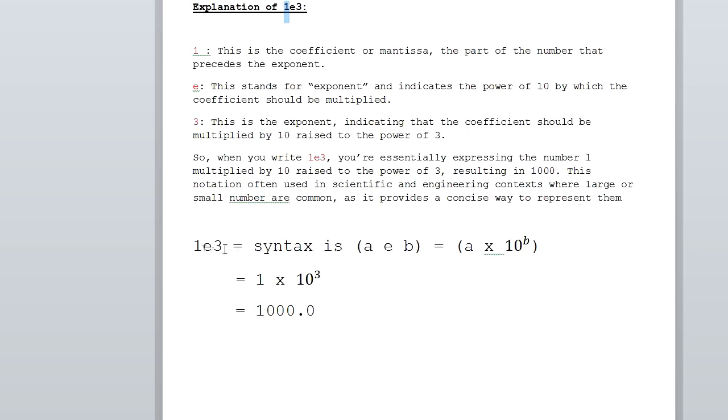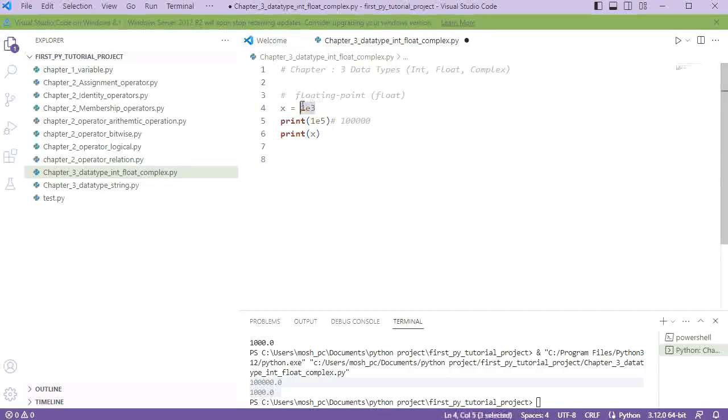So, the syntax aeb is equal to a times 10 to the power b. So it is equal to 1 times 10 to the power 3. So we got 1000. Hope everyone understands this. Let's see one more example.